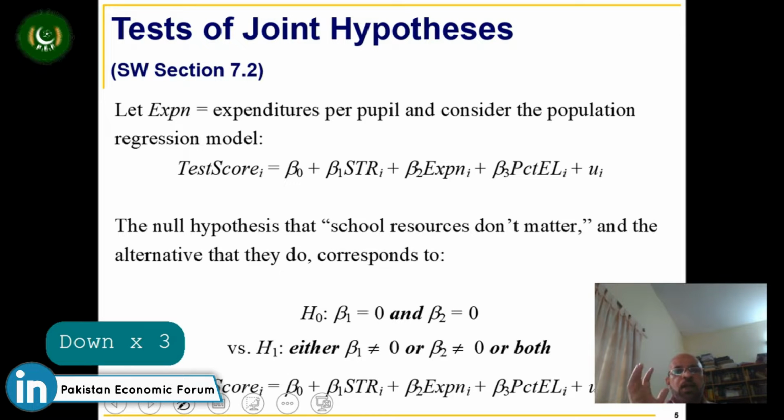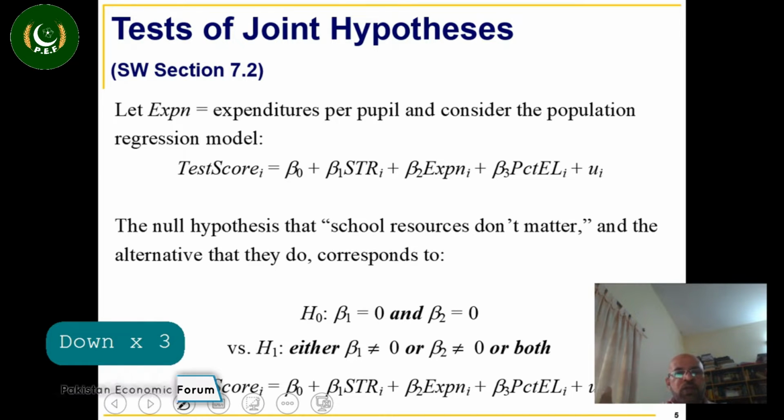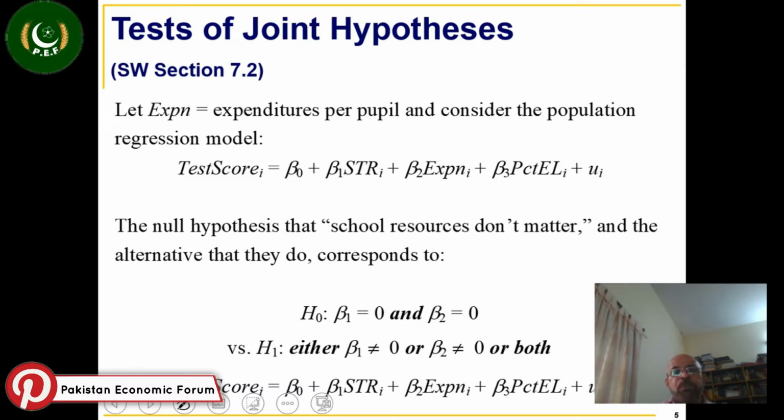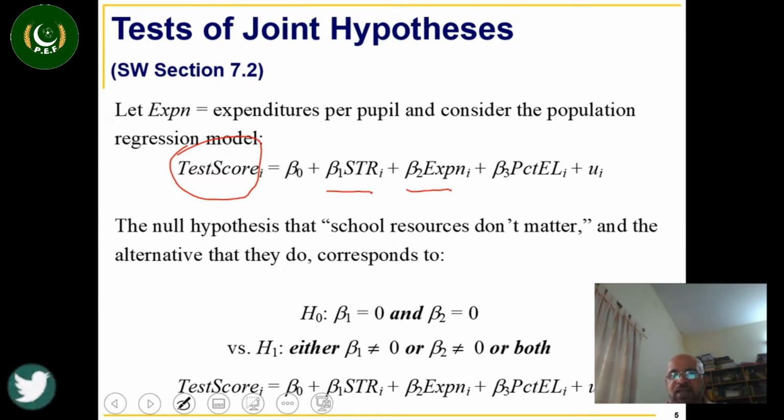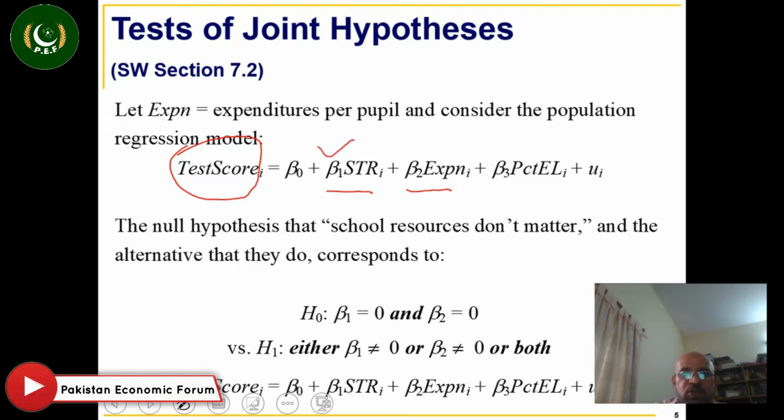If you remember, our dispute is between educational management and the taxpayer. The taxpayer is of the view that student-teacher ratio and expenditure per student have nothing to do with performance of students. The educational superintendent is of the view that class size and expenditure per student and all these things matter. The taxpayer's claim is that these coefficients are zero because these variables are of no use; they have no role to play in performance of students.